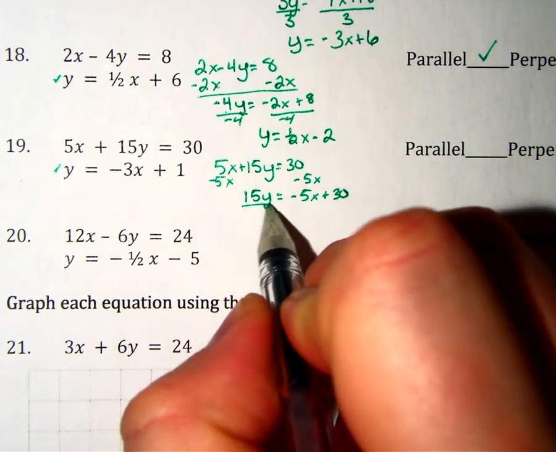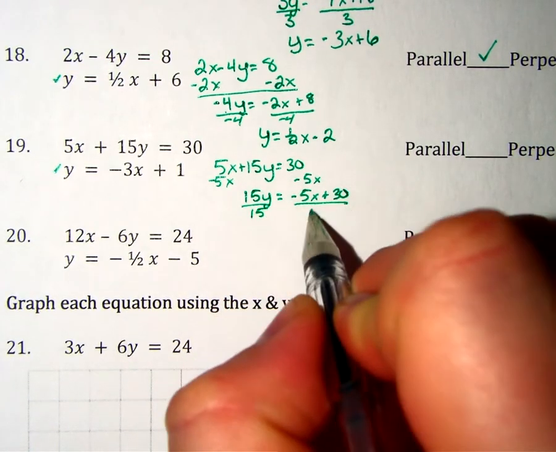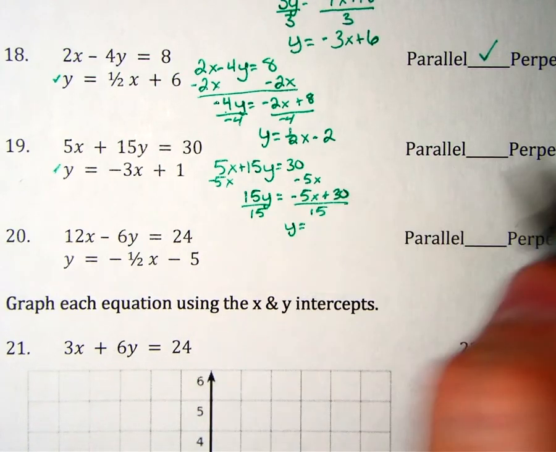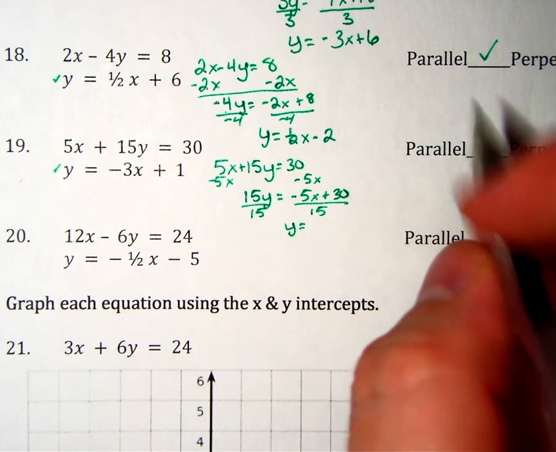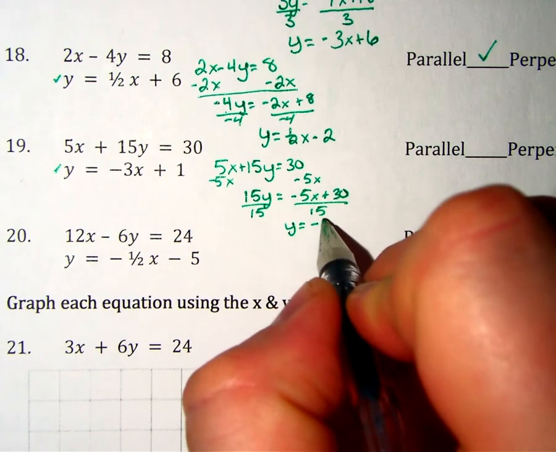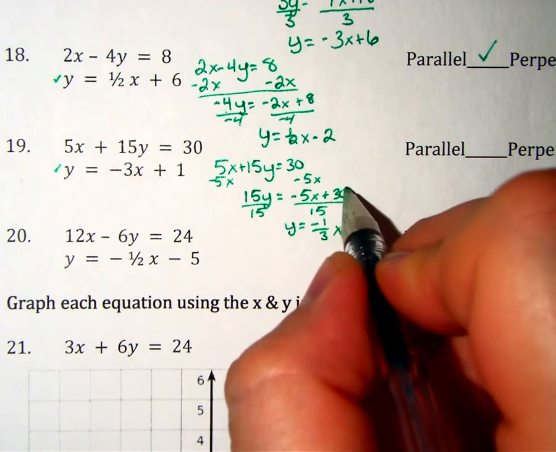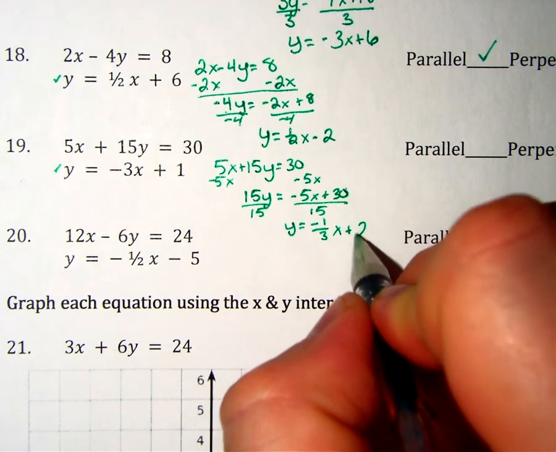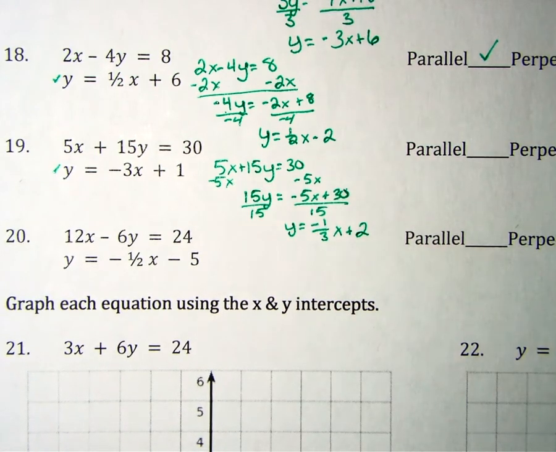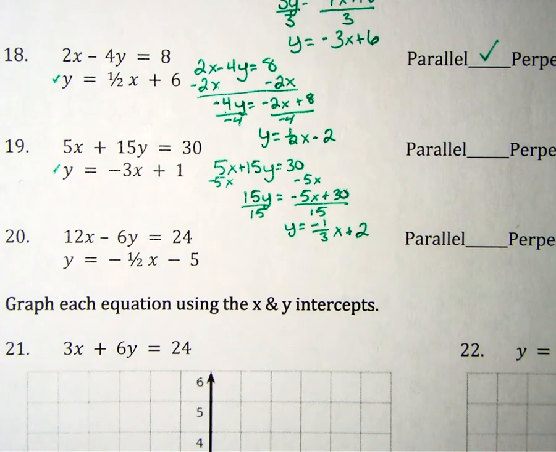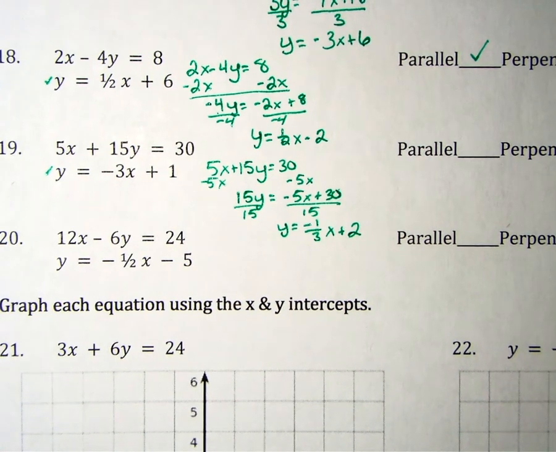We're going to divide both sides by 15, and we determine that y is equal to negative 5 over 15, which is negative 1/3 x plus 30 divided by 15, which is 2. And here we can see, again, I now have a reciprocal slope, but I don't have an opposite slope. So we have another neither.